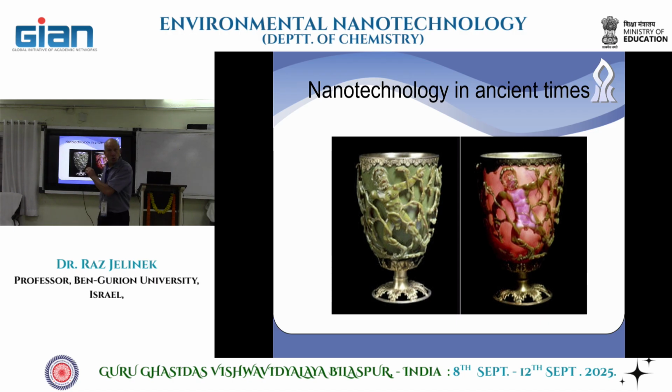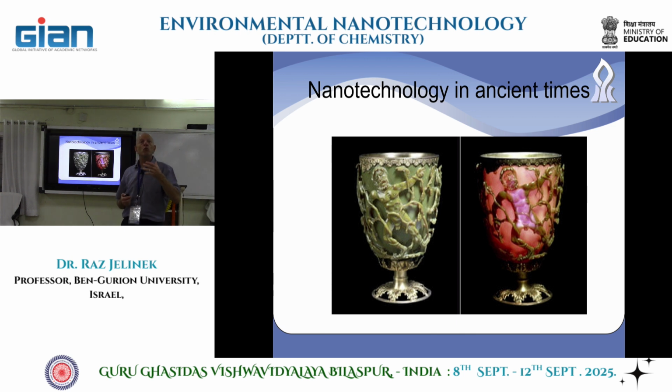It's called the Lycurgus cup, I think. The reason why it changed color with light is because inside the glass, they had small inorganic nanoparticles. And when you shine light, certain nanoparticles can take the light and emit light in a different wavelength.